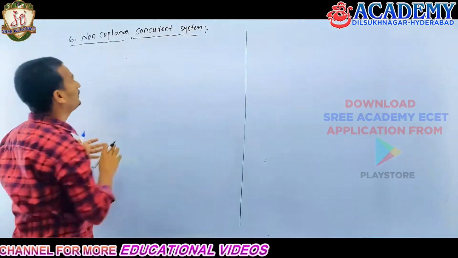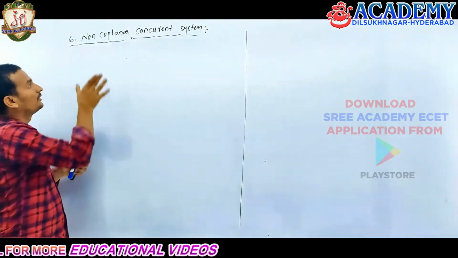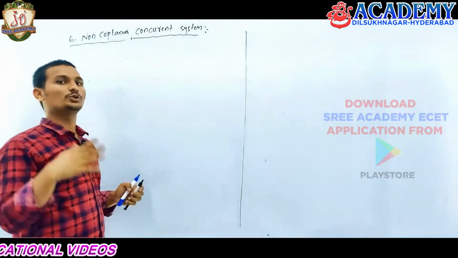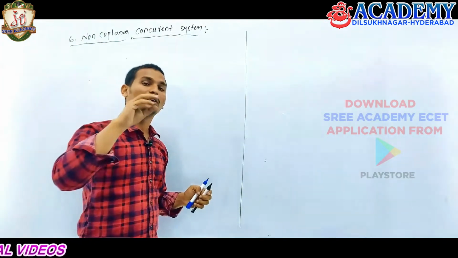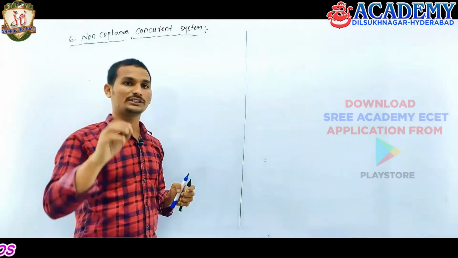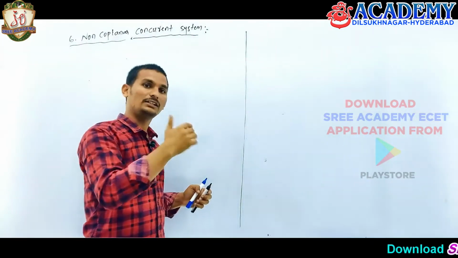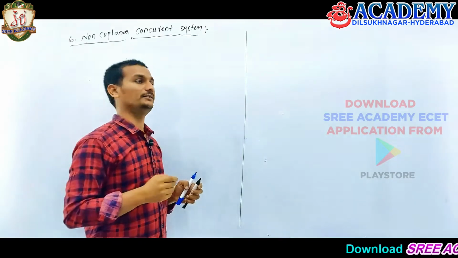What do you mean by non-coplanar concurrent system? Again, if you know the first two definitions, what you mean by coplanar forces and what you mean by concurrent force system, then you can write that fourth definition.